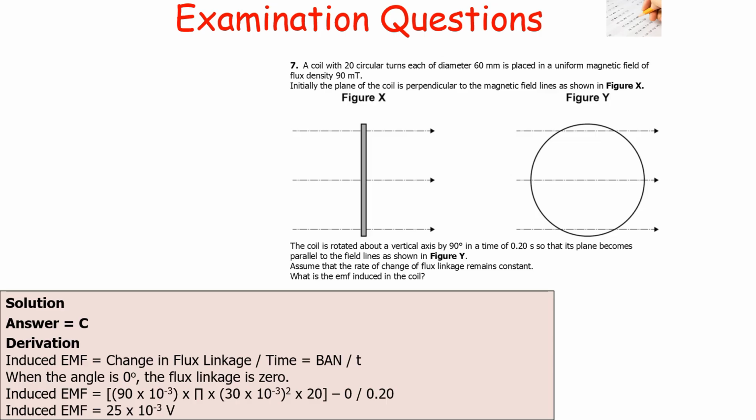We then multiply it by πr squared, because it's a circle, so it's going to have a circular cross-sectional area, so we know what the radius is. It's going to be 60 millimeters halved, so therefore it's going to be 30 times 10 to the minus 3 squared, times our number of turns, which is 20 as given in the question, and then we can divide that by our time to get our induced EMF, and we get that to be 25 times 10 to the minus 3 volts.